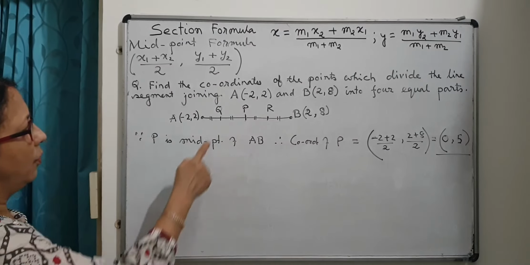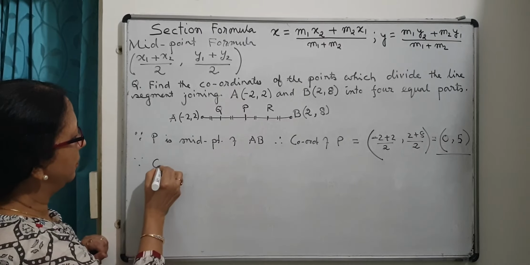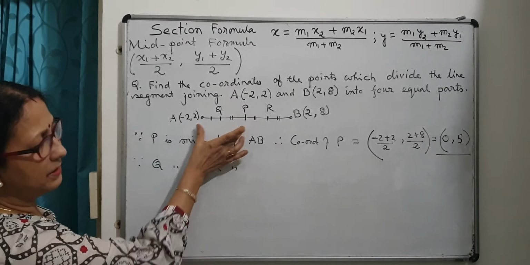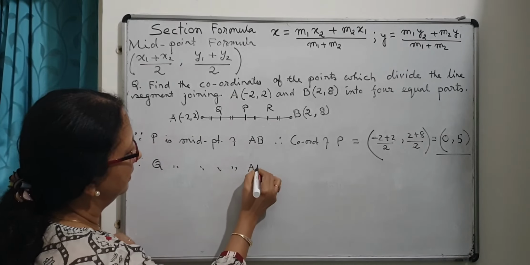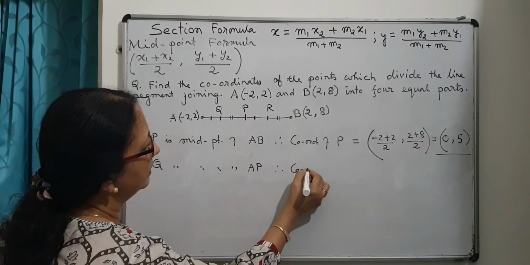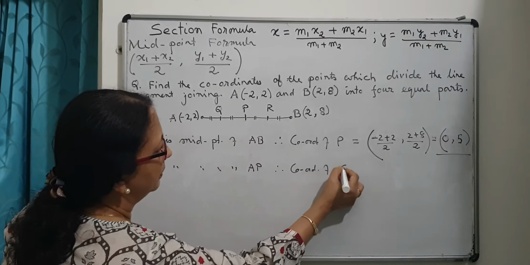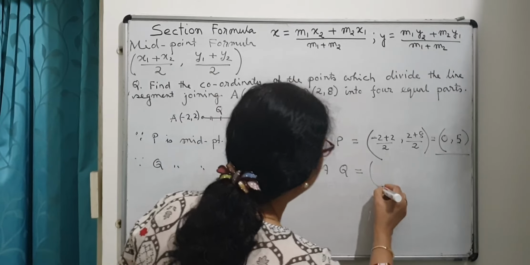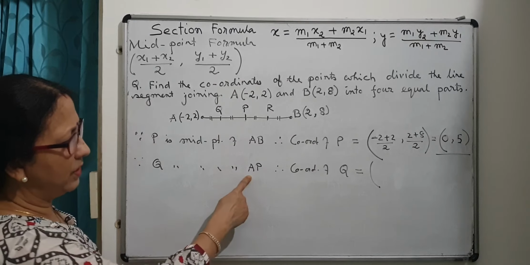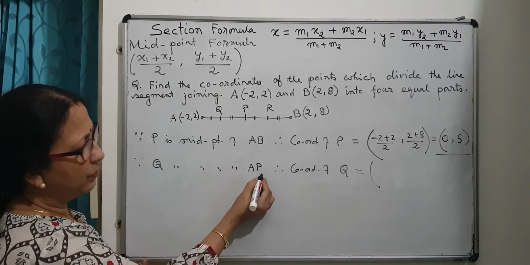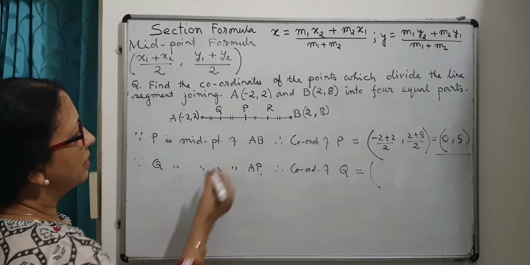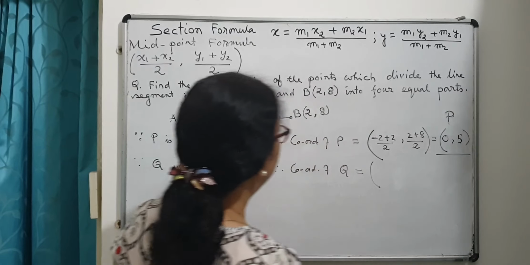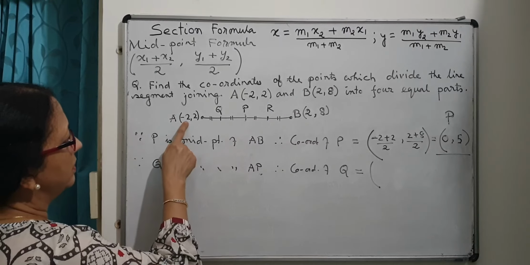After that you see, what is Q? Since Q is the midpoint of what? Q is the midpoint of AP. Therefore, the coordinates of Q by the midpoint formula will be: coordinates of A will be (x1, y1) and coordinates of P will be (x2, y2). Now what was our P? I found out this is our P. In this case, x1 is minus 2.